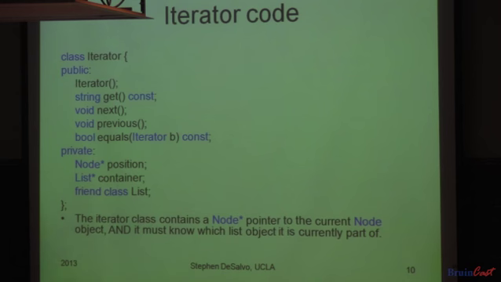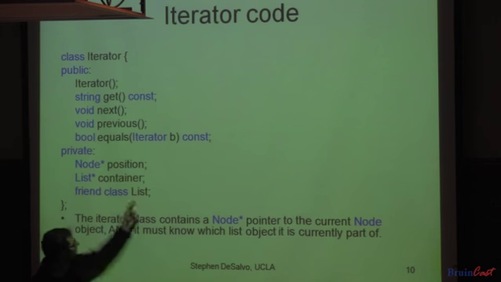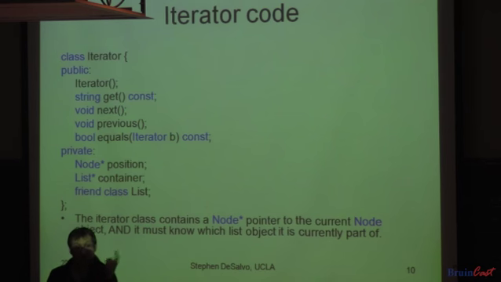Question: is there a special significance for putting the friend class list in the private section of your class? Very good question. I had to look this up a little while ago, because I didn't know the answer. The answer is it doesn't actually matter where you put the friend class declaration.